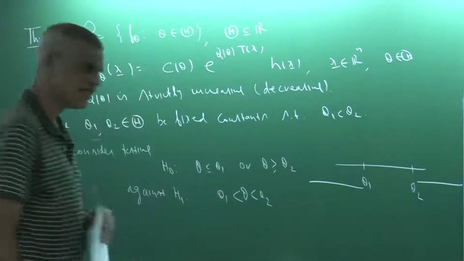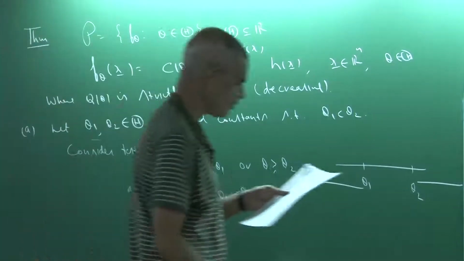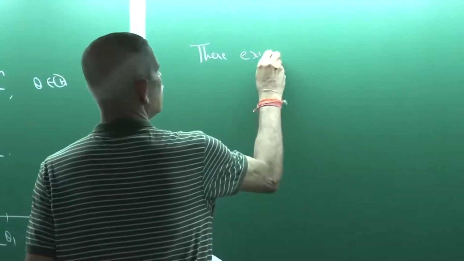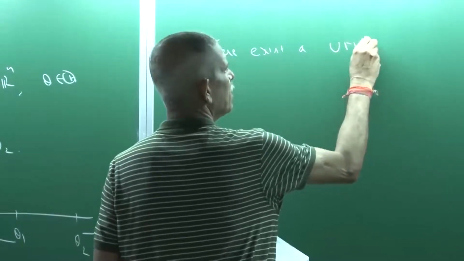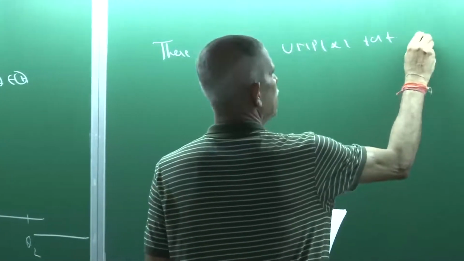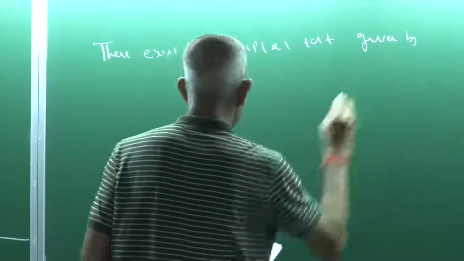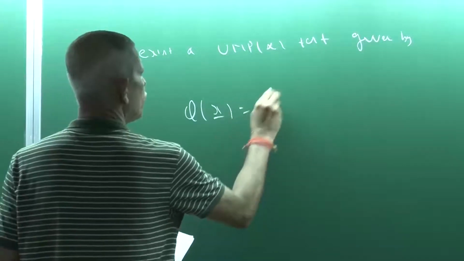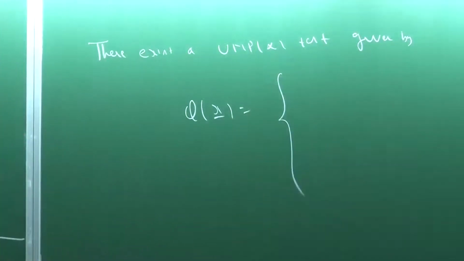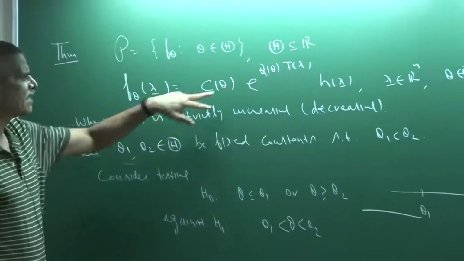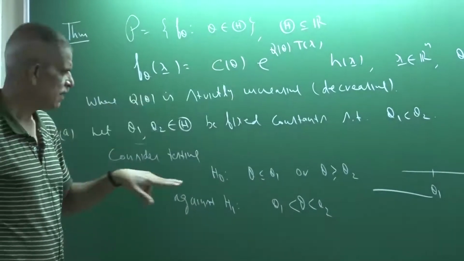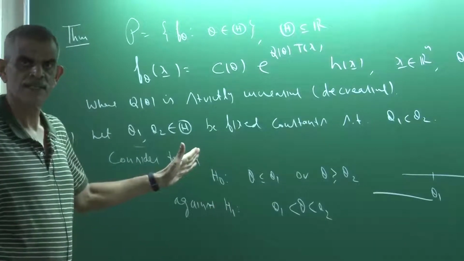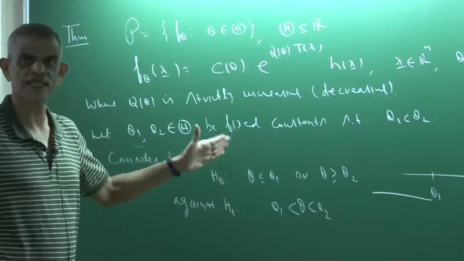In such a situation, there exists a UMP alpha test given by, of course, you can tell by intuition what would be the test. Note that when q theta is strictly increasing, the larger values of theta correspond to larger values of T. Here H naught is saying that theta is in the extreme.